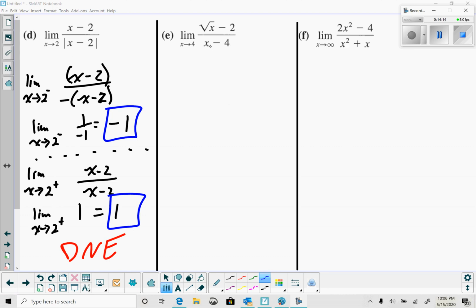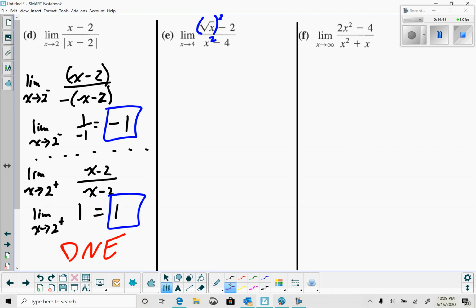In the denominator, it's x minus 4. Now, if this were x squared minus 4, that would be the difference of perfect squares. But if that were true, then our lovely numerator couldn't be a square root. Squaring the square root, that would be a 2.